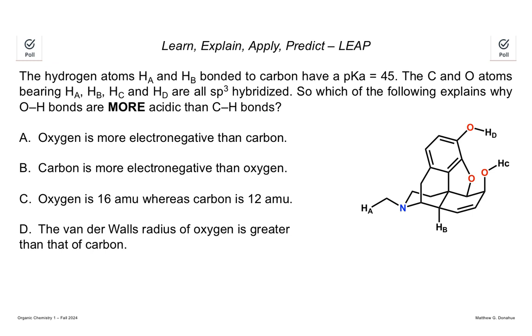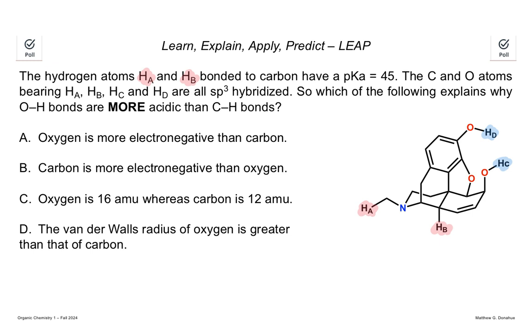So let me do some highlighting here. HA and HB are bonded to carbon. C and D are bonded to oxygen. And so it asks, why are OH bonds more acidic than CH bonds?